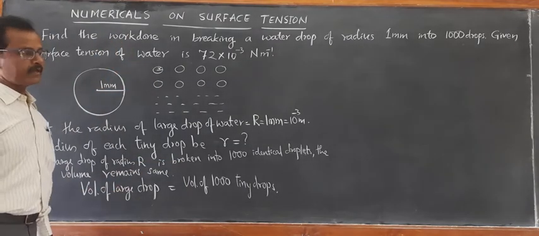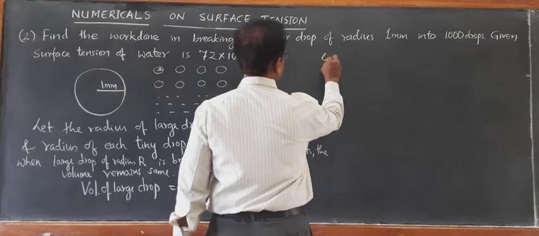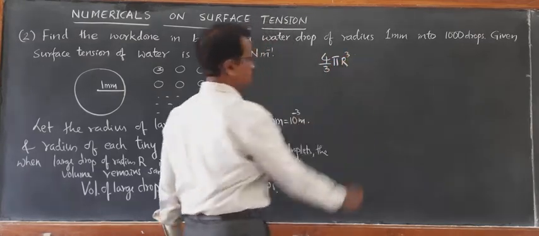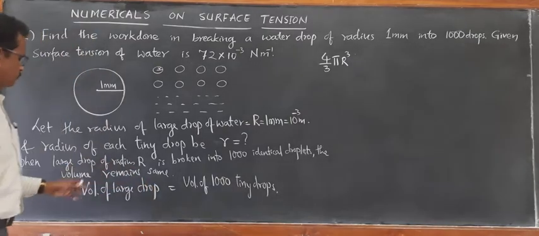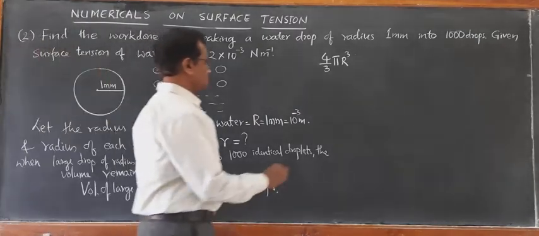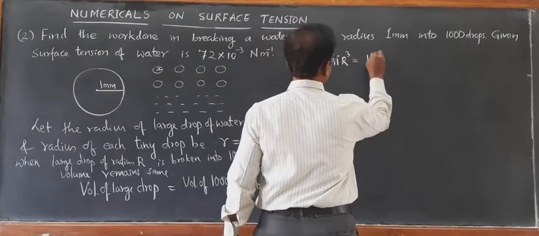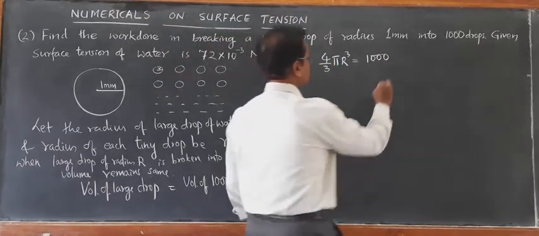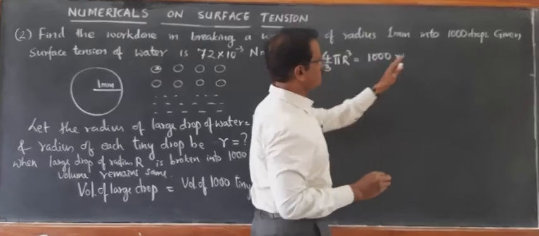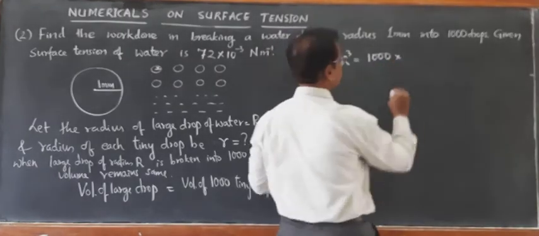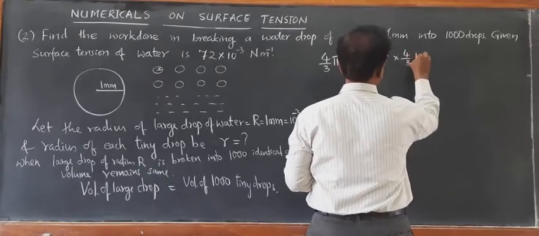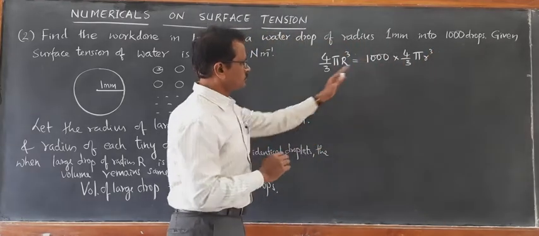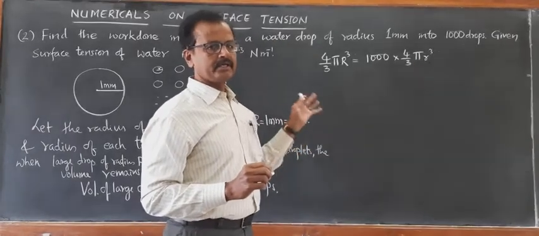The volume of the large drop can be written as 4 by 3 pi R cube because it is spherical. This is equal to the volume of 1000 tiny drops, which is 1000 times the volume of each tiny drop, 4 by 3 pi small r cube. That's it. So this becomes the equation now.